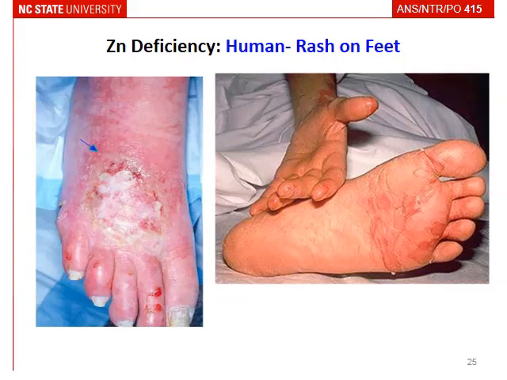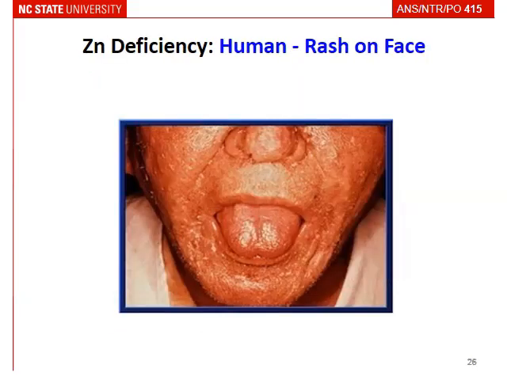Then it's up to the physician to determine what is causing that particular rash. So here you can see on this individual, we have rash on the hands and feet. Here's another picture of an individual that has a zinc deficiency and you get this rash on the face.